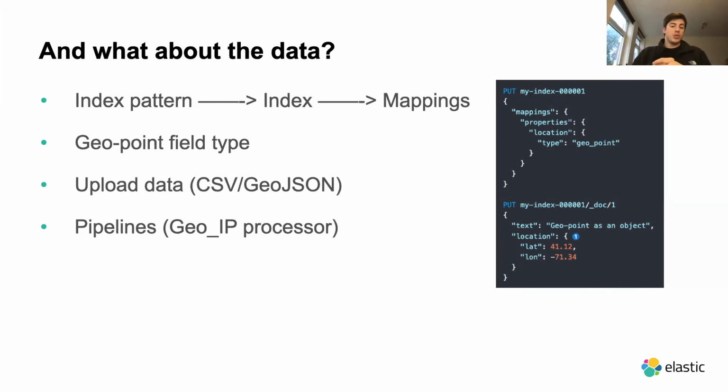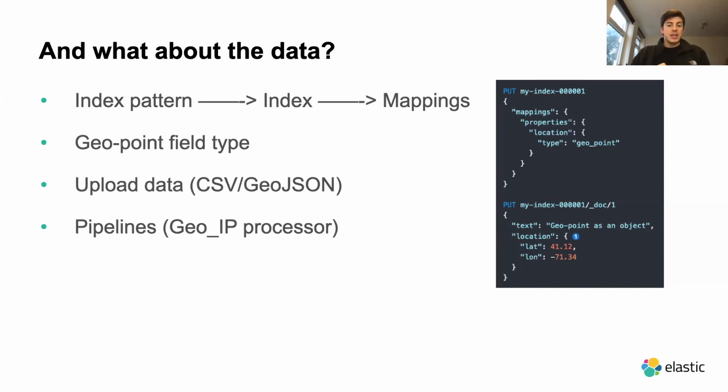Now, this is, of course, not the only option. You can also use actual names of countries, regions, or cities in conjunction with Elastic Map Service, which is something that we're going to see in a moment. Another option is to simply upload your data in case it's in CSV or GeoJSON format.